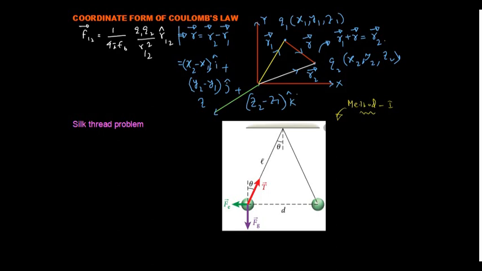Now, r vector is equal to x2 minus x1 i cap plus y2 minus y1 j cap plus z2 minus z1 k cap.